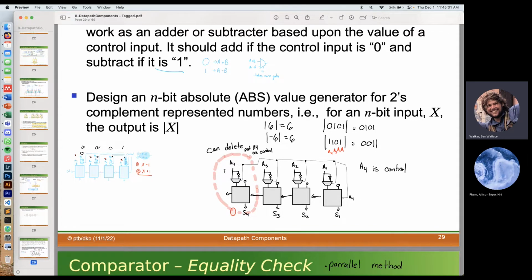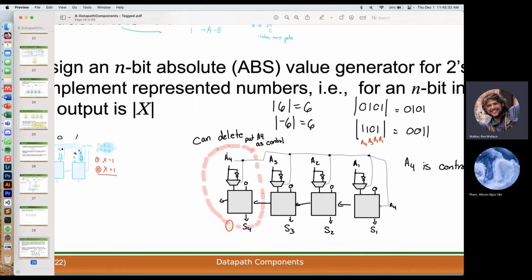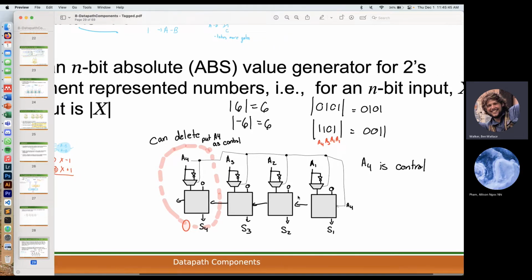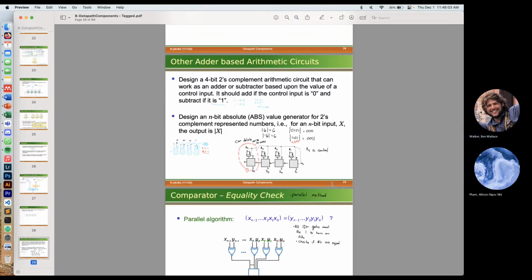So the first thing is we have to detect the sign bit, which is actually the most significant bit for the unsigned representation, and we can use that to control whether or not each of the other bits gets inverted. And finally, because it's 2's complement, we also have to add 1. So what this will do is if it's a positive string, which means that this leading bit is 0, it just returns itself. But if the leading bit is 1, it's going to do a 2's complement inversion on all of the remaining bits in order to return the magnitude, which is kind of cool.